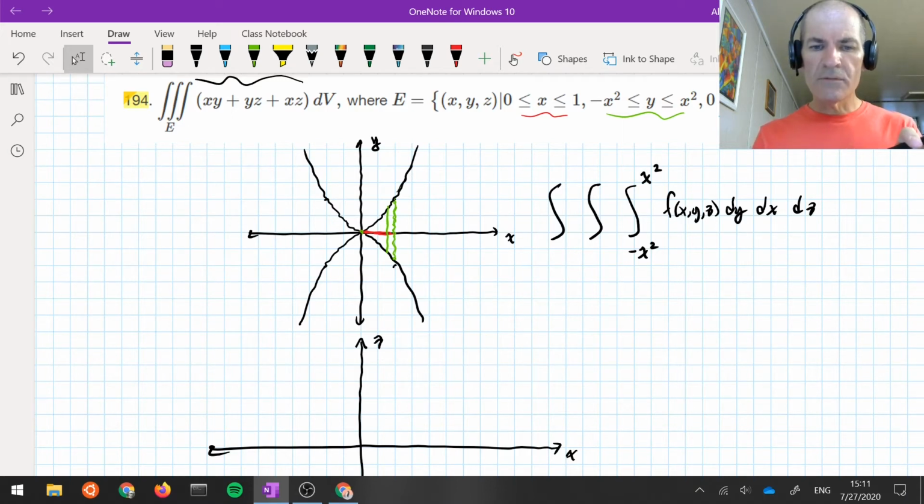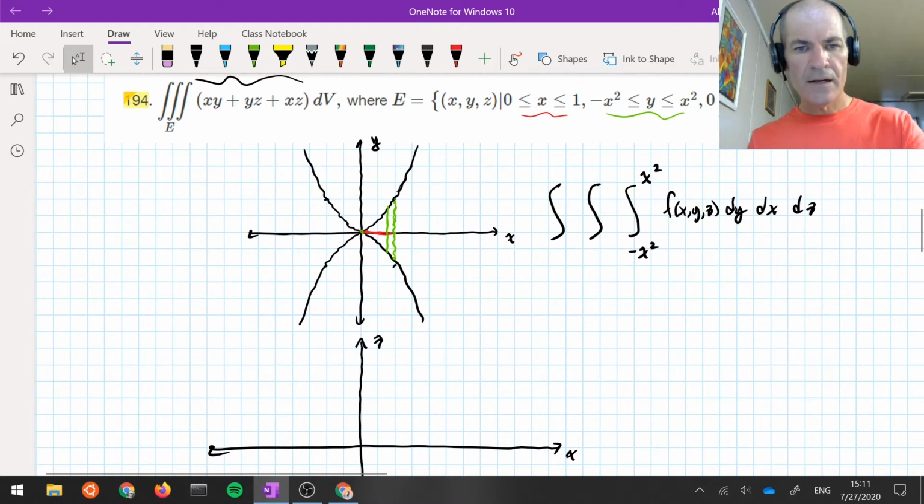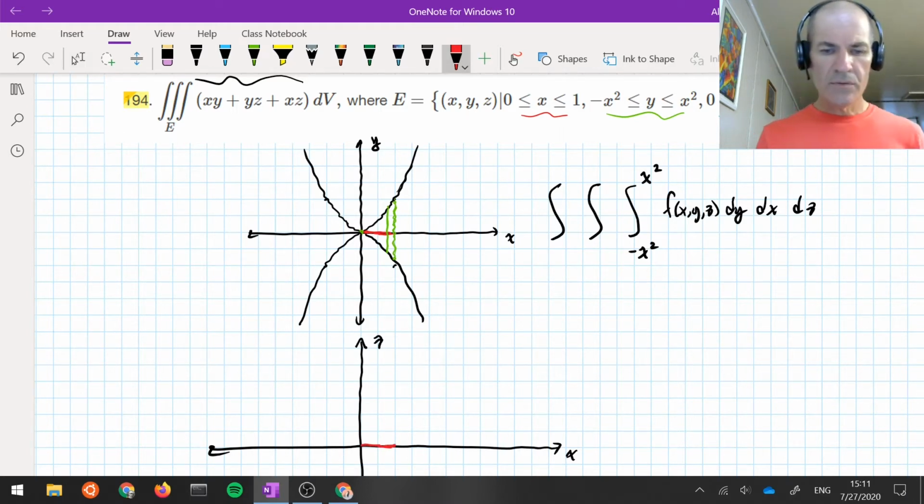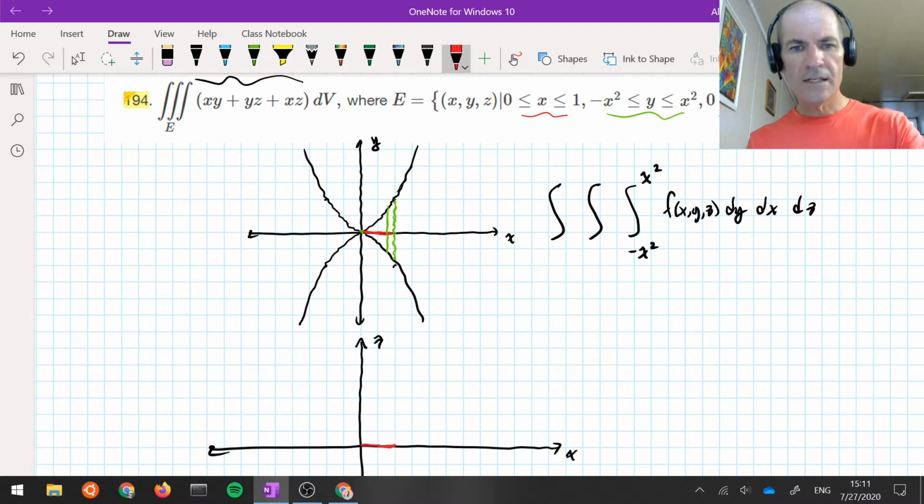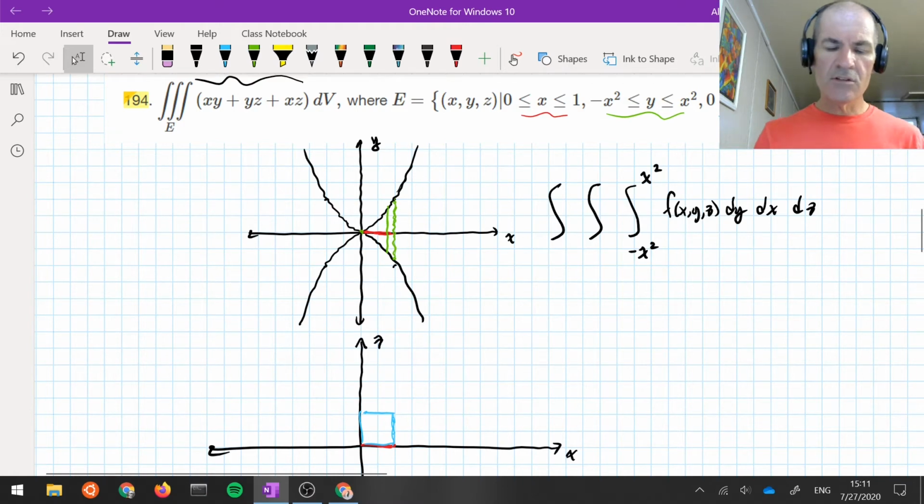If you looked at it from the side, it would really just look like a rectangle, and it goes up to z equals 1. Let's find z equals 1. That's going to be in blue. So if you took this figure and smashed it into the x, z plane, you would get this rectangle.